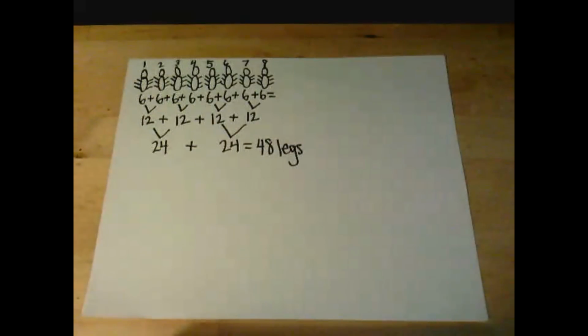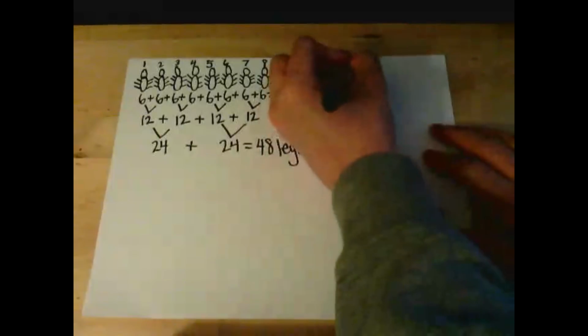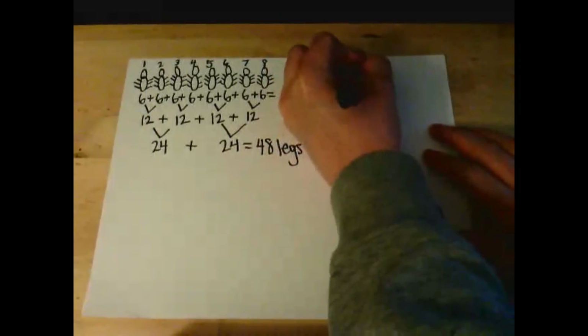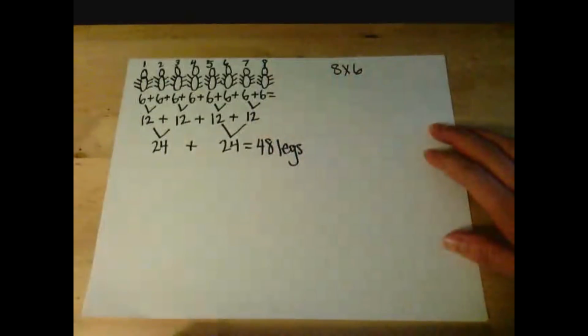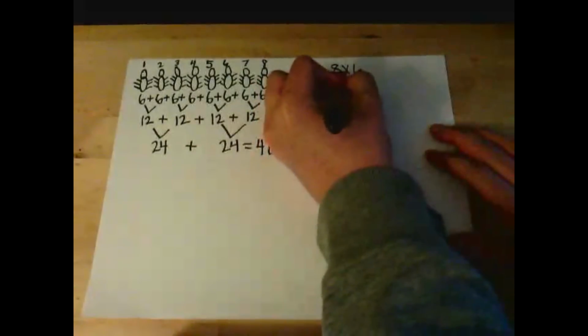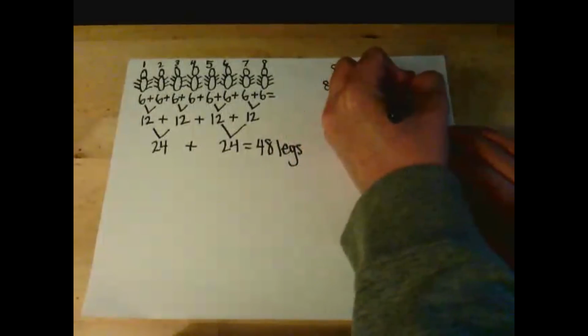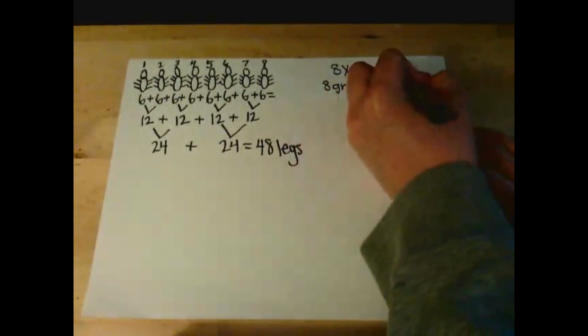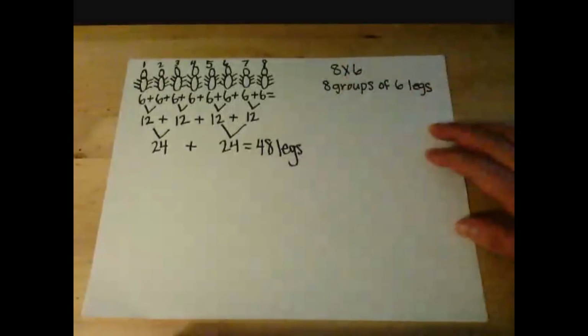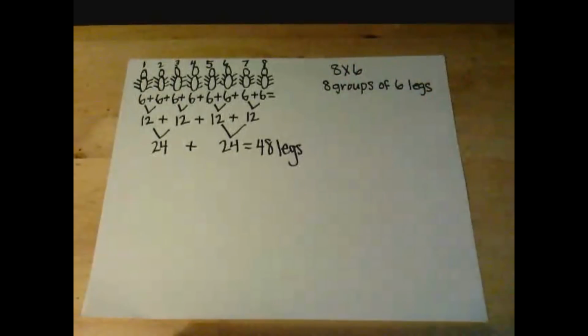So that means that we can write our multiplication equation like this. 8 times 6. 8 groups of 6. And 6 legs. And our groups are our praying mantises.